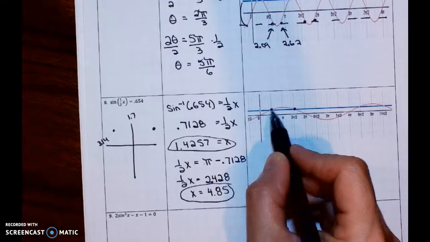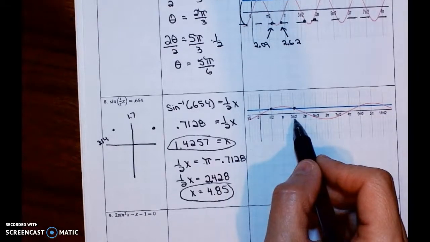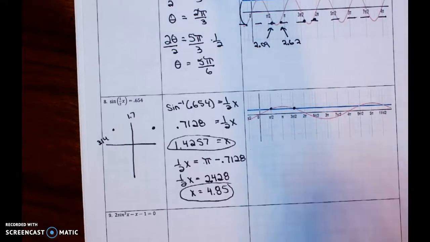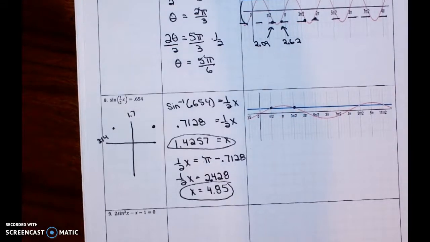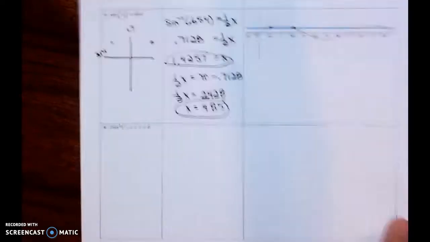We can see we're a little bit shy on that one. 3 pi over 2 would be roughly about 9 divided by 2, which is around 4.5, and that one looks like it's a little bit over. So again, graphically, our solutions are matching up with what we came up with algebraically.